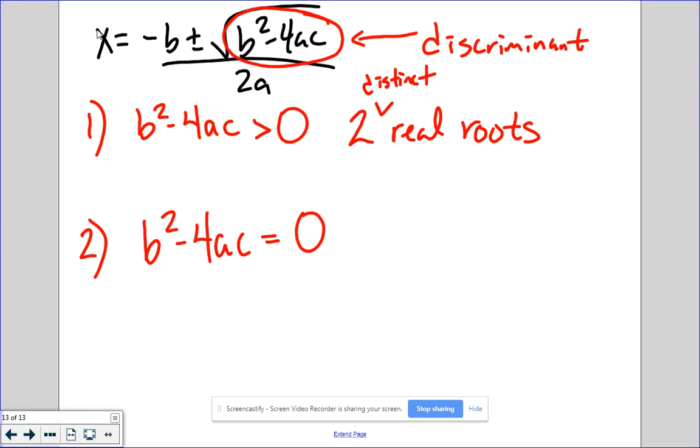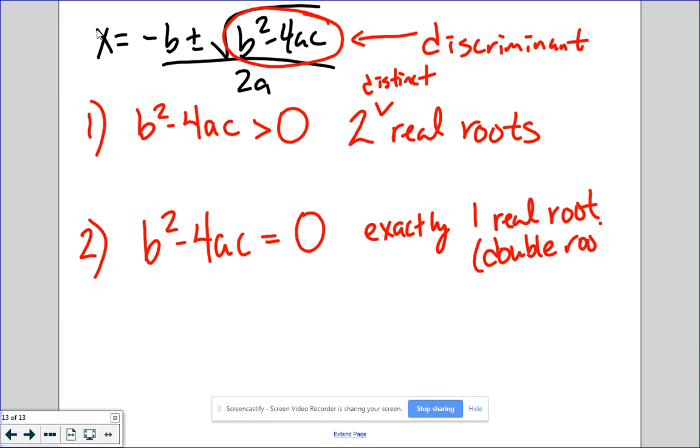If I take negative b minus 0, I still get negative b. So how many different answers am I going to get if my discriminant is 0? Just 1. So if the discriminant equals 0, we have exactly 1 real root, and we call that a double root.